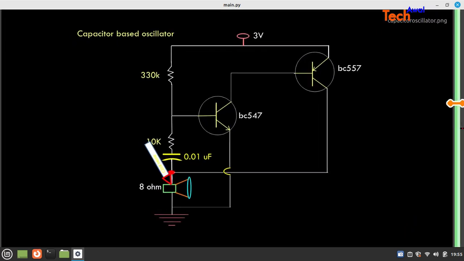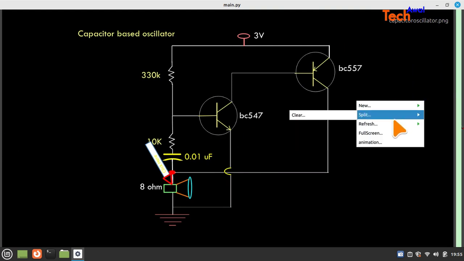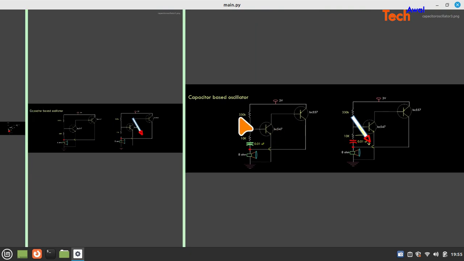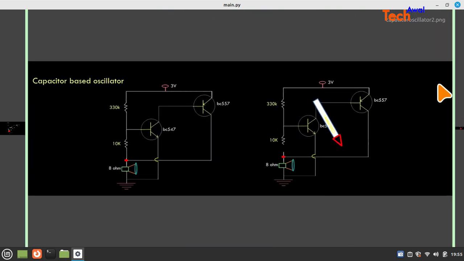If the capacitor is discharged, okay, it will again behave like a short circuit.